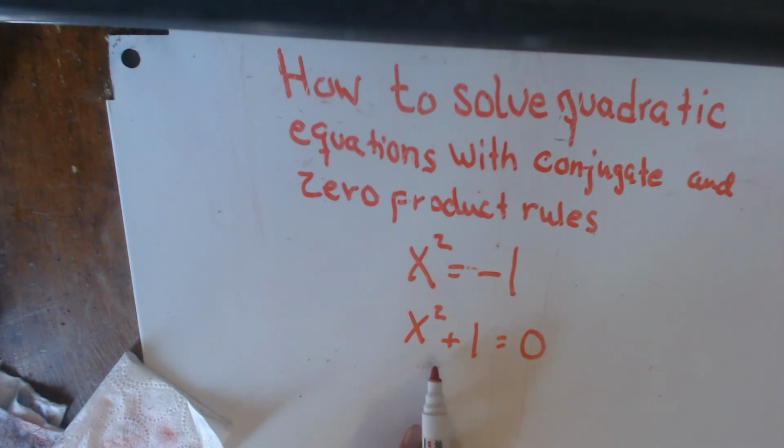It should be -1. Then you can use the conjugate rule. But so what are we going to do? Well, we can rewrite it as x squared minus -1, like this. That's equal to x squared plus 1.